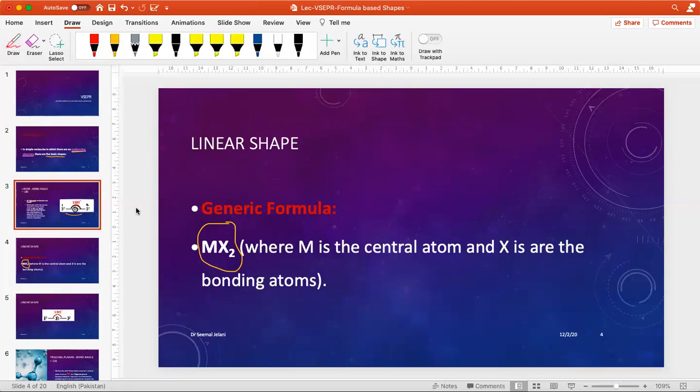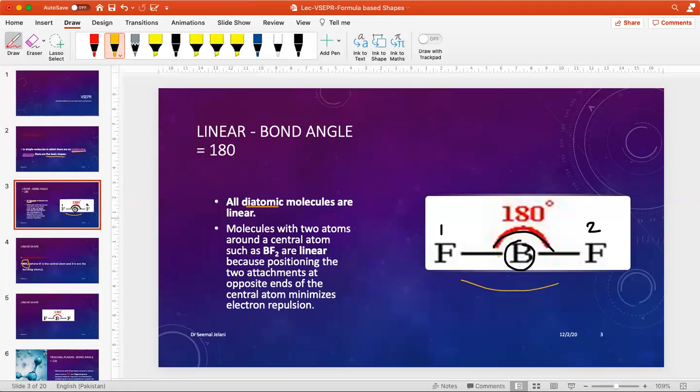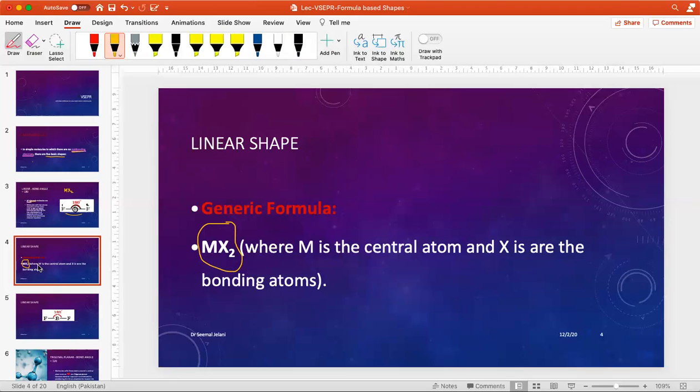M is boron, the central atom, and X is the ligands attached to it: two fluorines are attached. How many? 2. So MX2 is the formula for linear shape. So what is the generic formula of linear shape in VSEPR? M for the central atom and X2 for the two attachments which are attached to the central atom.